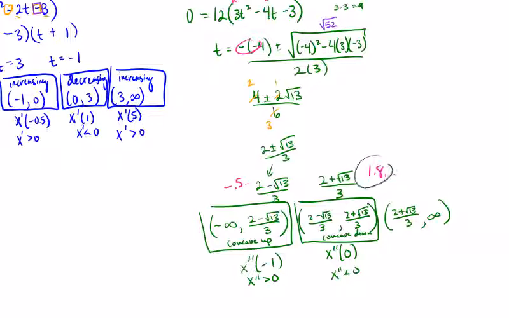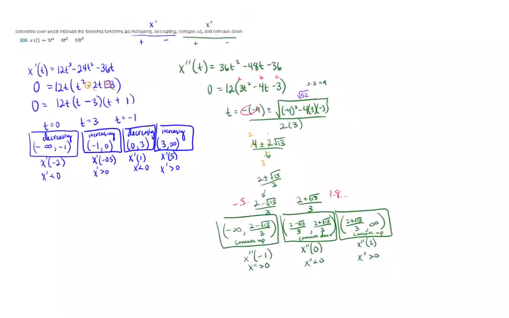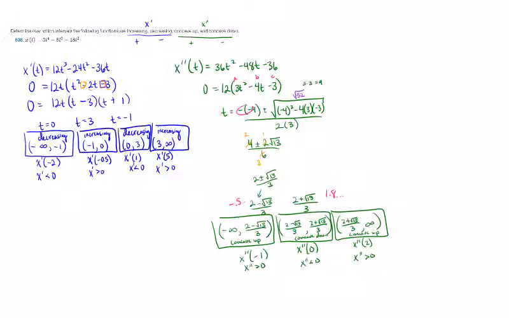We can plug in a value like 2, or whatever you want, anything greater than 1.86. So we'll do x double prime at 2, and we get positive 12. So x double prime is greater than 0, meaning this is concave up. All right, so those are our intervals of concavity and increase or decrease. Let me know if you have any questions, or if you see any errors or anything like that, let me know as well.